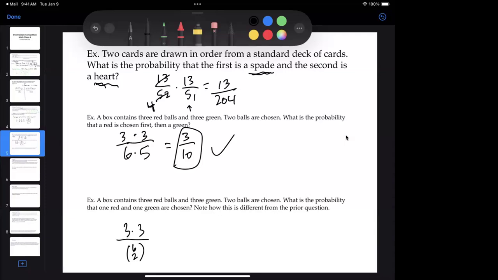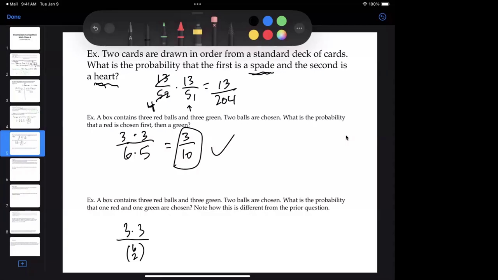So I did 3/6 times 3/6, because your total number of balls is 6, and then you choose 3 red balls and then 3 green, so 3/6 times 3/6. But the thing is, after you choose the first red ball, there's not 6 left, right? And you can't calculate it like you choose one and then the next, because in this question, they're chosen at the same time.